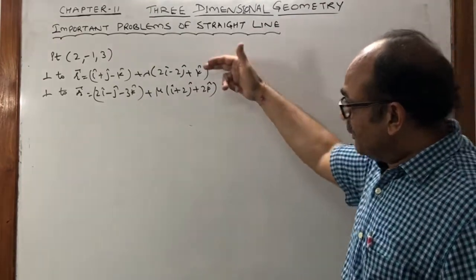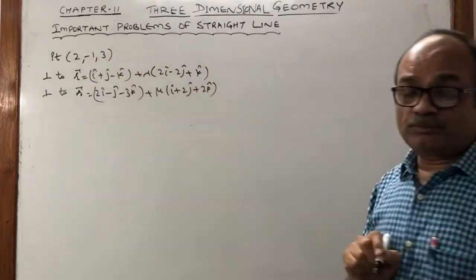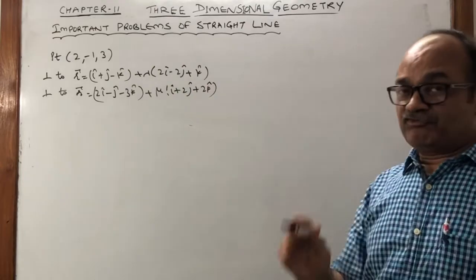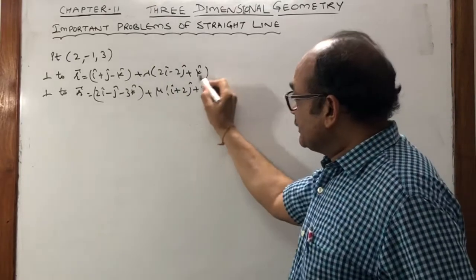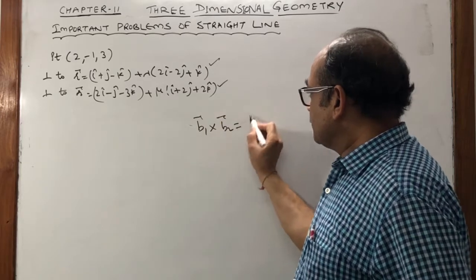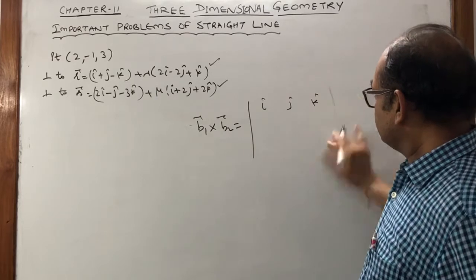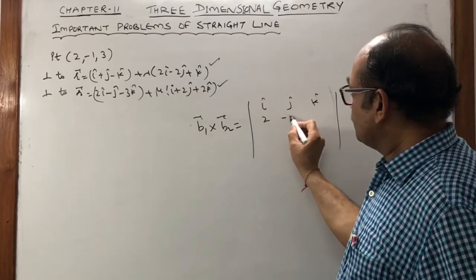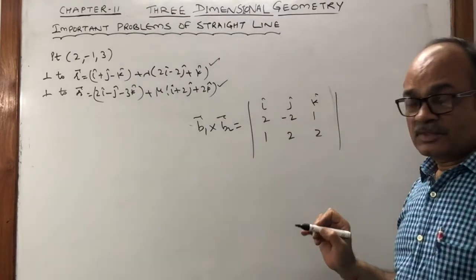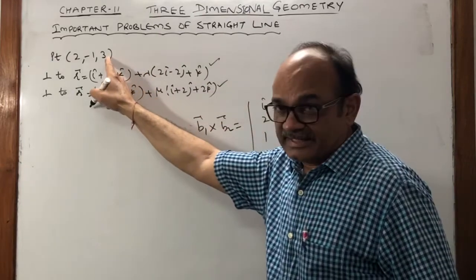Question is the same but in the vector form. A line passing through (2, -1, 3) and perpendicular to these two lines. If perpendicular to these two lines, it means we take b1 cross b2, then b1 cross b2 is the determinant of i, j, k and 2, -2, 1 and 1, 2, 2. b1 cross b2 is parallel to this line.